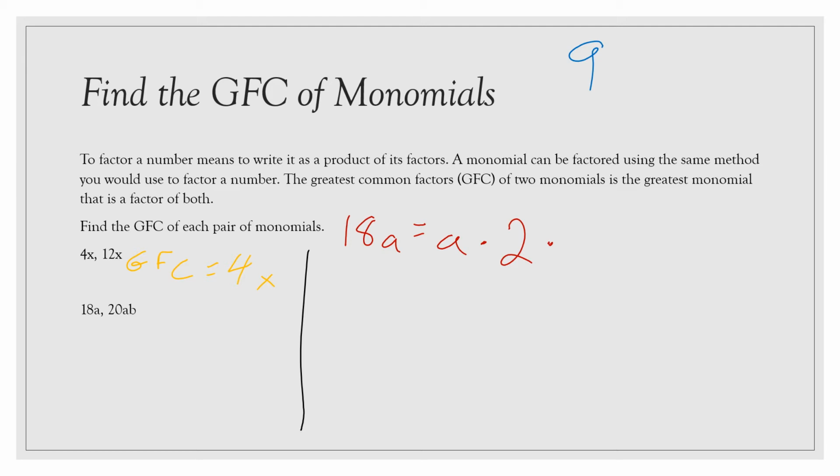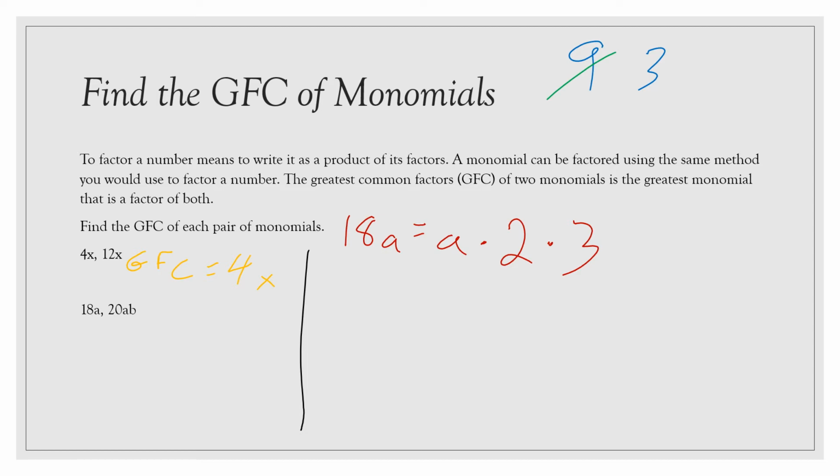Can 9 be divided by 2? No. Can 9 be divided by 3? Yes, it can. So our next factor is going to be 3. And that means now that we're working with 3. Can 3 be divided by 2? No. Can 3 be divided by 3? Yes, by 1.